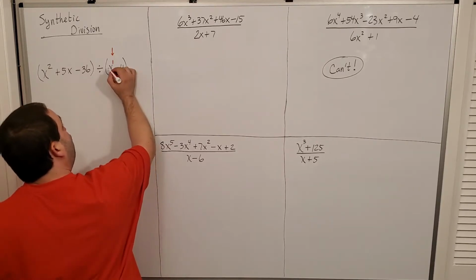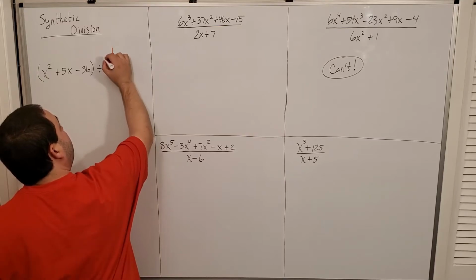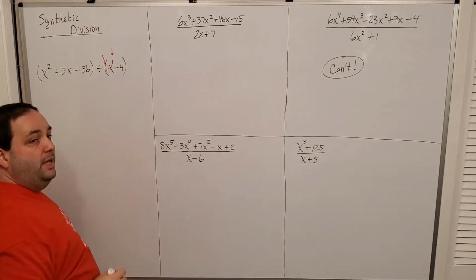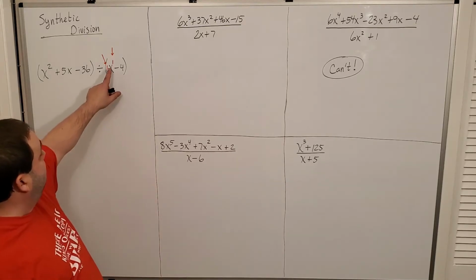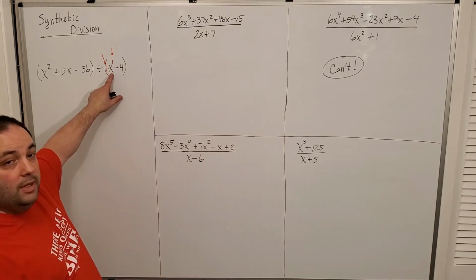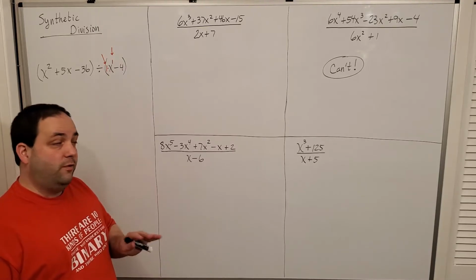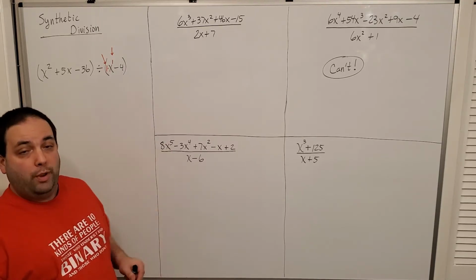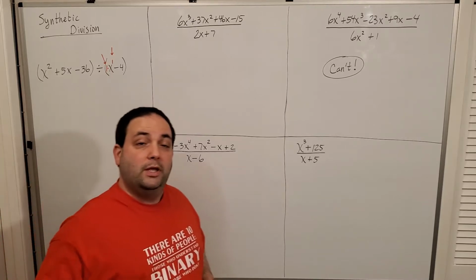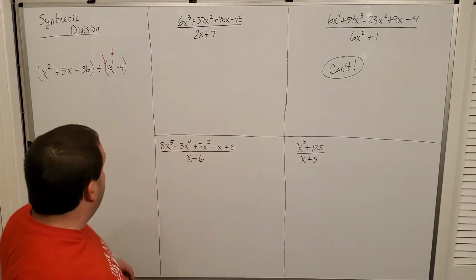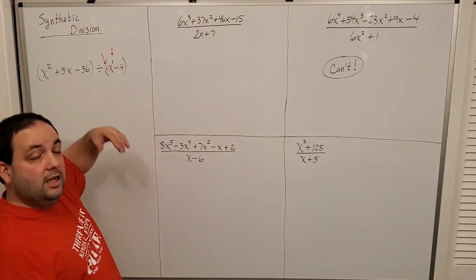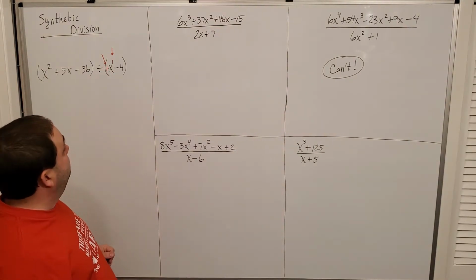And you really want the coefficient on the x to be 1. Now, if the exponent is not 1 in the denominator, you can't use this version of synthetic division. You would need the more powerful one. So I would recommend using one of the two methods that we just discussed. If it's not x to the 1 in the denominator, use one of the other two methods.